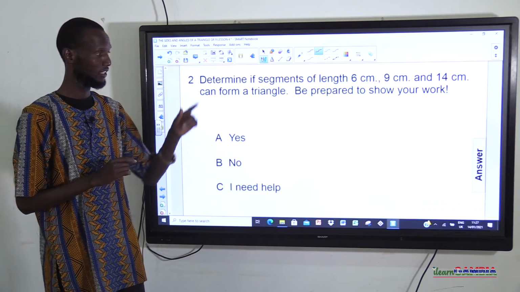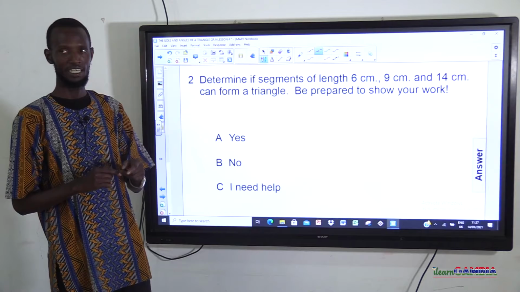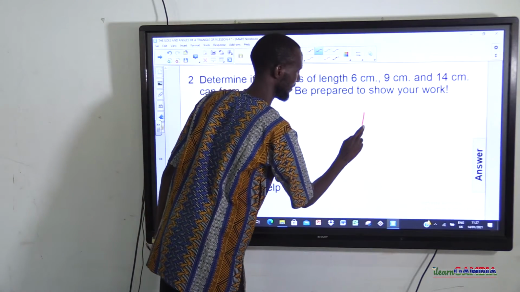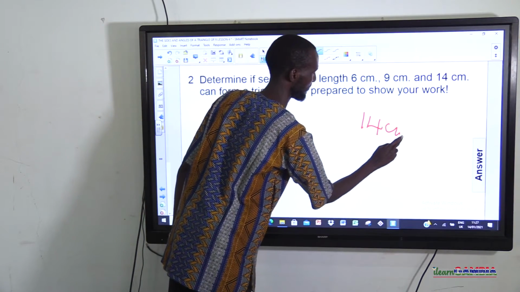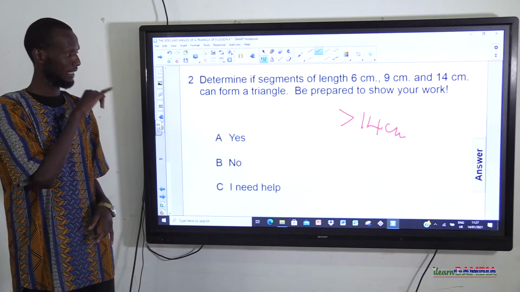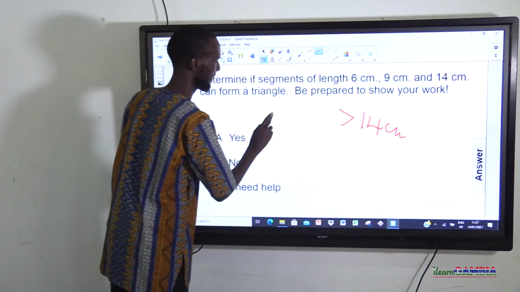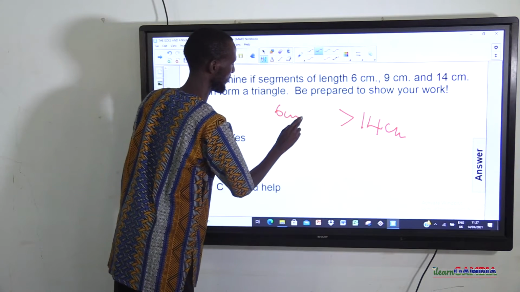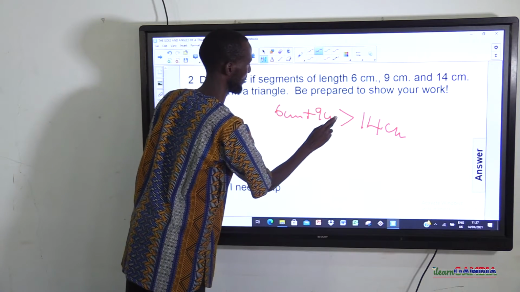First, what's the longest side? The longest side is 14 centimeters. So that should be less than the sum of the shorter sides. Okay? And the shorter sides are 6 centimeters and 9 centimeters.